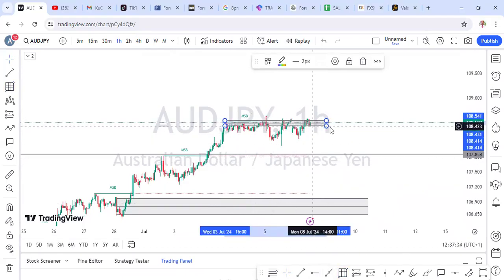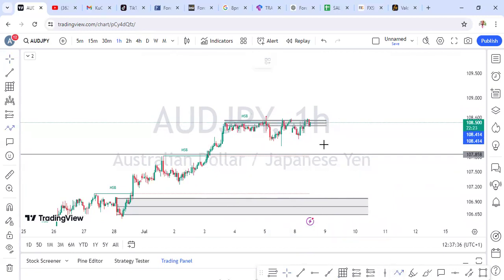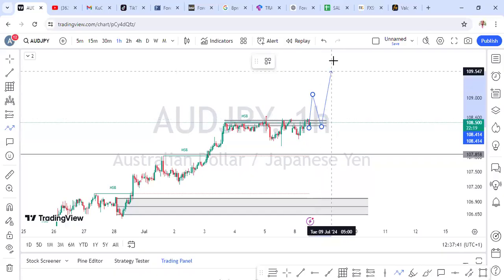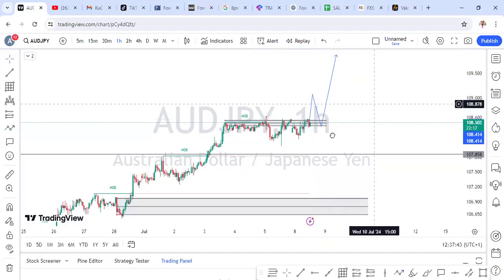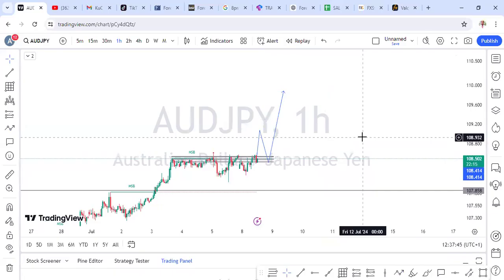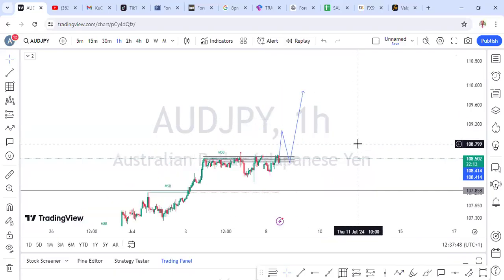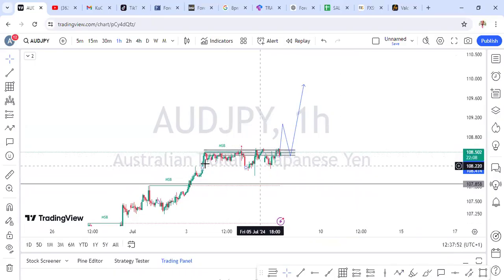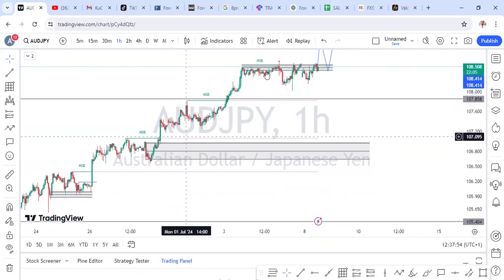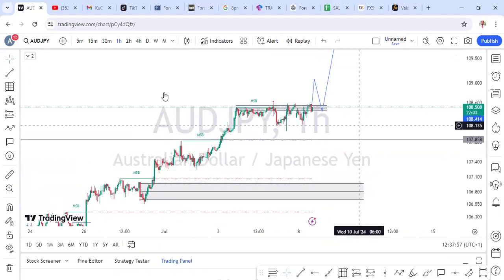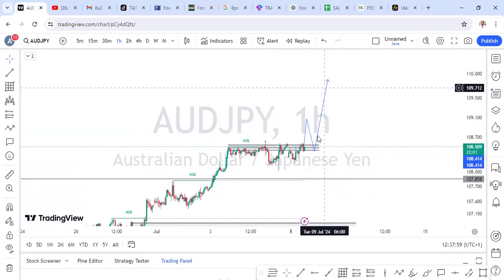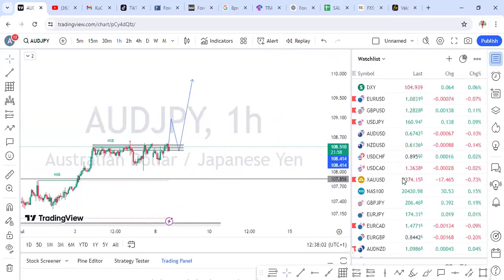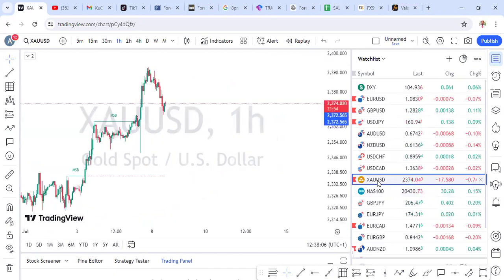We'll see a correct breakout from here, this becomes a support, then we can start buying and continue to buy AUD JPY. What it's doing now is normal. After a long stretch, price will consolidate before the breakout, retest, and continue. So that is it.